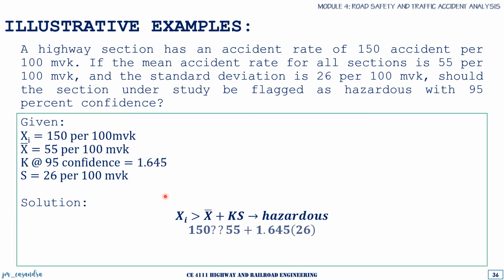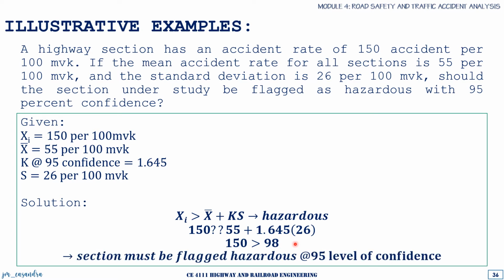So x sub i is 150, x bar is 55, so plus k 1.645 times 26, which will result to 90. So x sub i is greater than x bar plus ks. Therefore, the area under study should be flagged hazardous at a level of confidence of 95%. So if we have a different level of confidence, this value might be different.